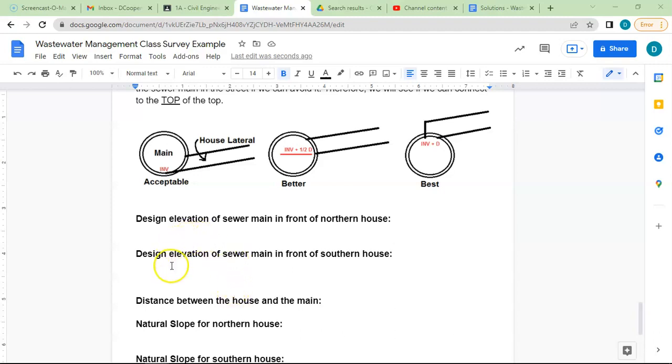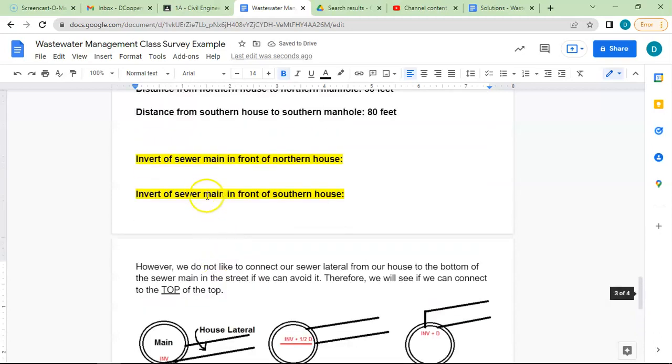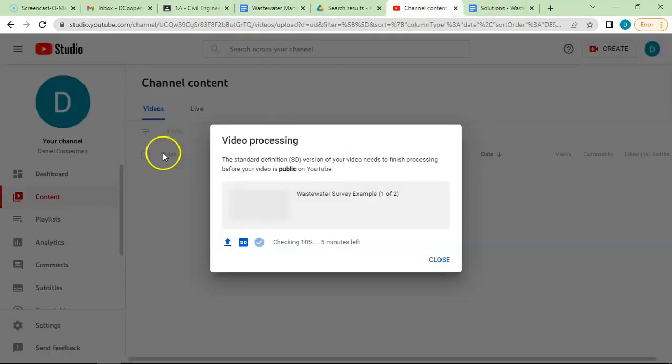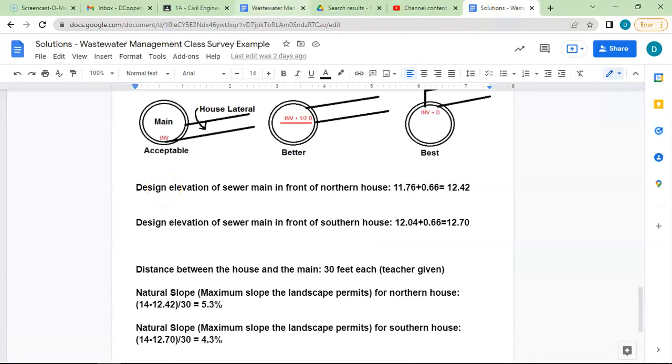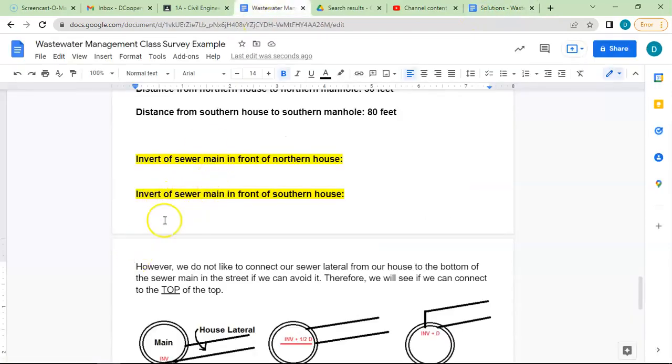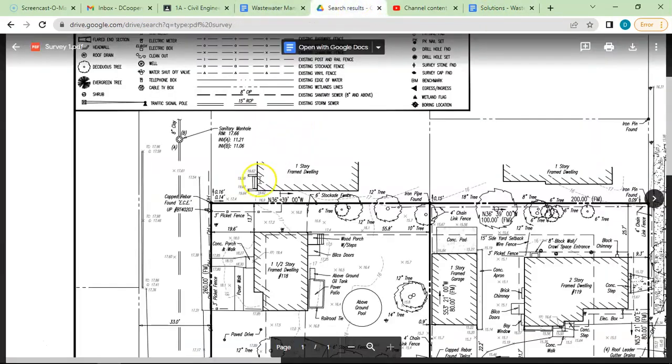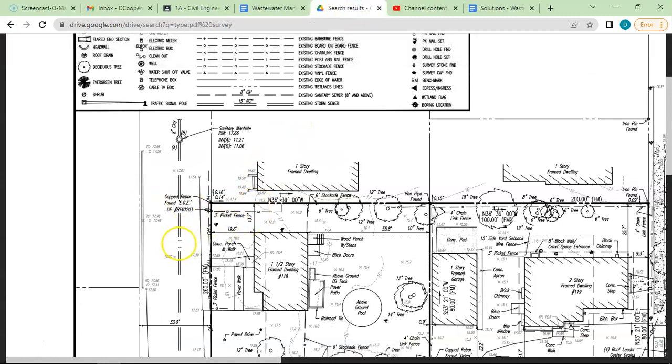Okay, now let's look at what the design elevation is of the invert. I should say design elevation of sewer main invert. All this is saying is you calculated what the invert is at the respective locations. You calculate what the invert is right here.